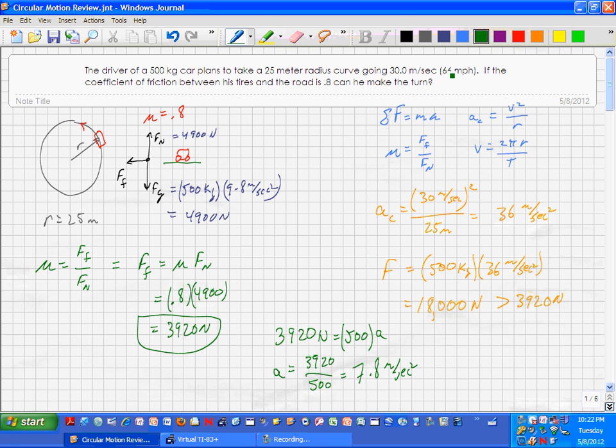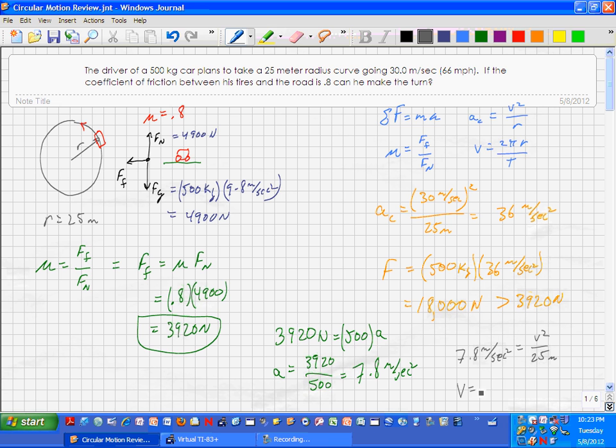Another comparison I can make is I can use this acceleration, this 7.8 meters per second squared, and calculate the maximum velocity that he can take this curve at. So let's go ahead and do that too, just for kicks. So that 7.8 meters per second squared is equal to v squared over r.